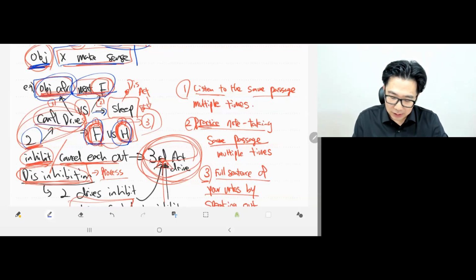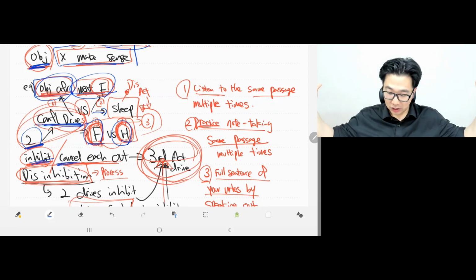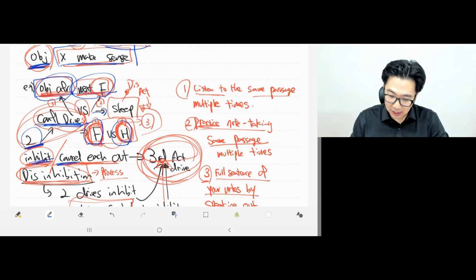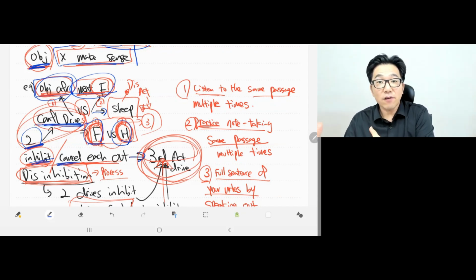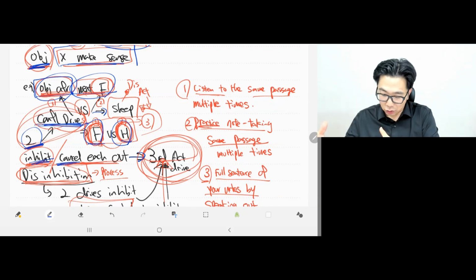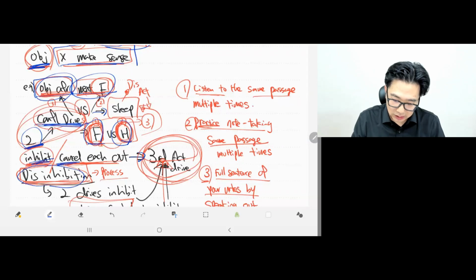So what happens is when an animal has two conflicting drives, these two conflicting drives cancel each other out. It cancels both actions, and it pushes a third drive, a third action to happen. This process is called disinhibition.